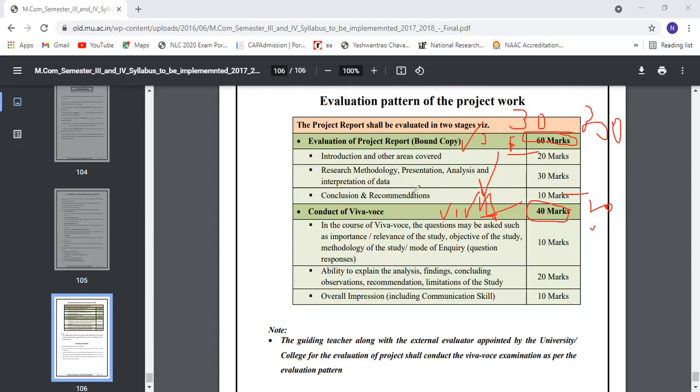And Viva, conduction of Viva is out of 40: 20 for internal, and 20 for the external. So the total evaluation of your practical project report is 50 marks for internal and 50 marks for external. Now what is the next question: what will be the passing percentage?